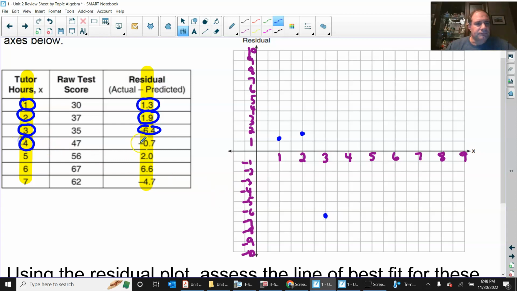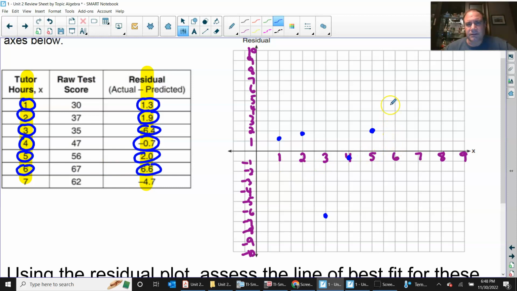4, negative 0.7 would be right about here. 5 and 2, that's easy, right there. 6 and 6.6, all the way up here. 7 and negative 4.7, down here.